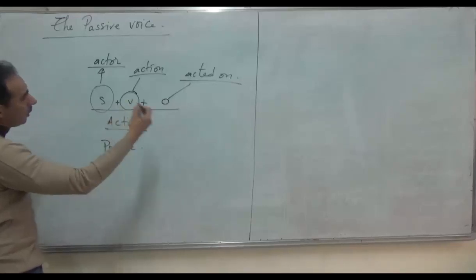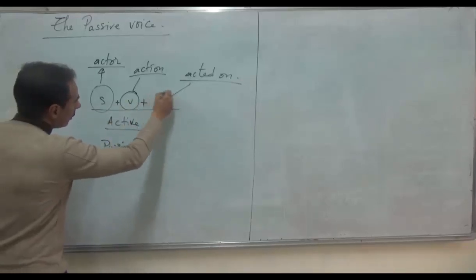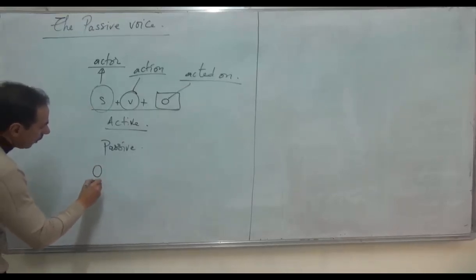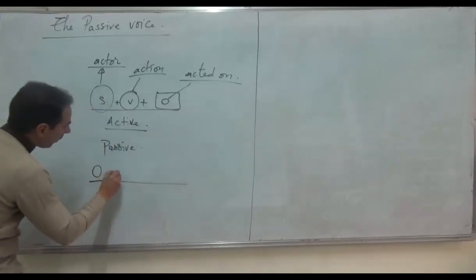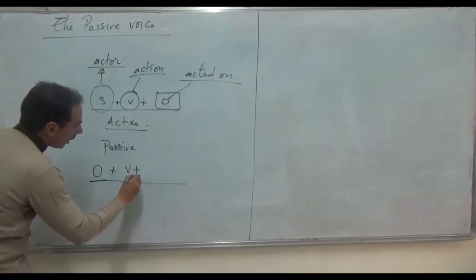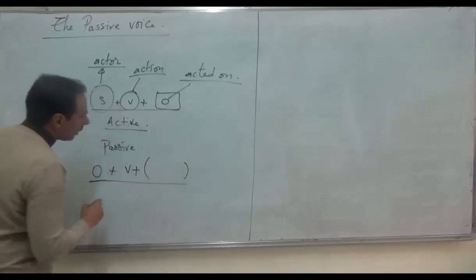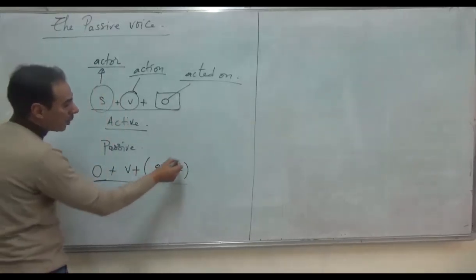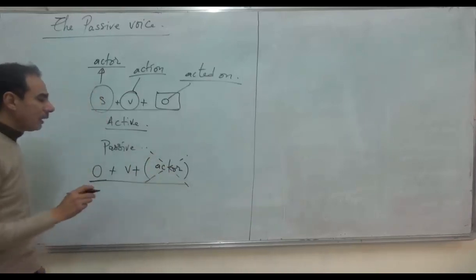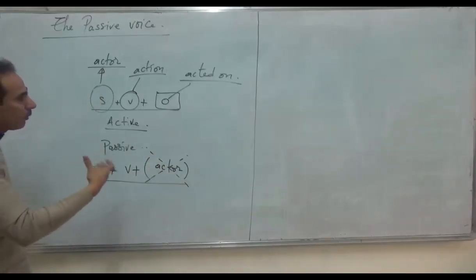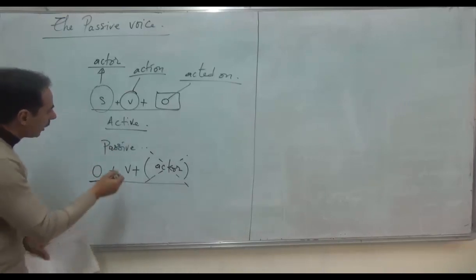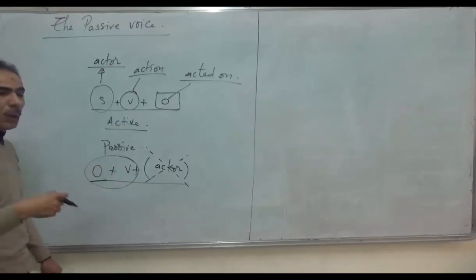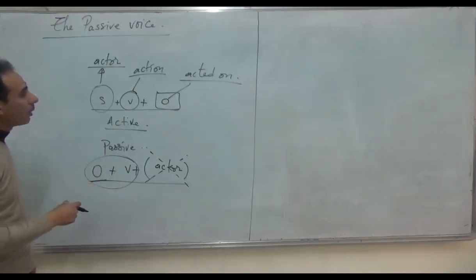The passive form generally is: the particle that is acted on comes first, the object, plus the verb, the action, and this actor, I put it between brackets because generally we don't need it, in fact, because the passive voice itself is focusing on the action and on the part of the sentence acted on, the object.